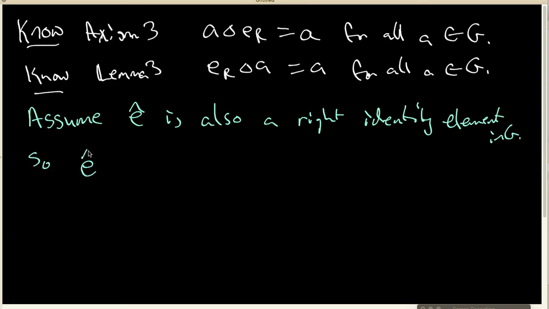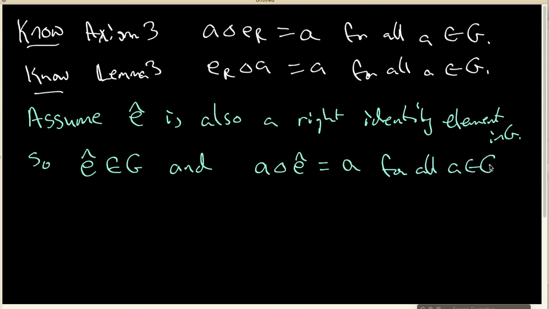Now that says two things. It first of all says that E hat does belong to G, and second of all, it says that anything triangled with E hat is going to be the anything. There's one other thing that I also ought to point out: we also know that ER belongs to G, and that's also relevant.